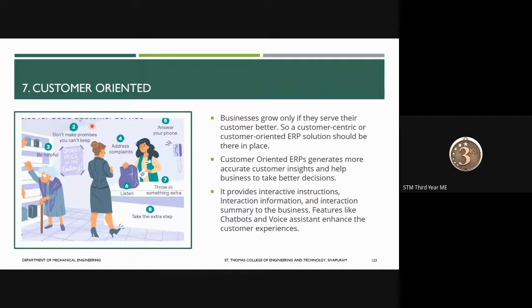This can only be obtained when you are targeting that particular customer. Even if you are developing a prototype product in the beta version, we send it to a target customer, and only they will give the feedback. That customer will be related to that particular field. That is what comes under ERP, customer oriented.